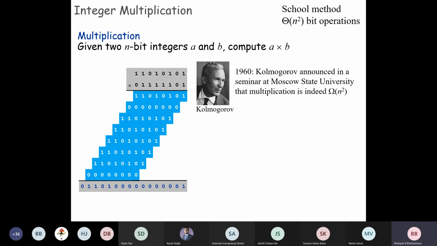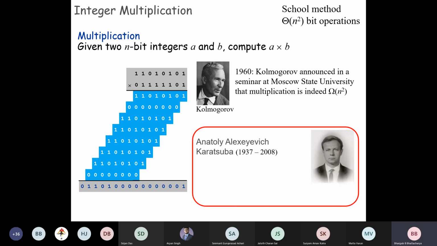Incidentally, there was a student sitting in the audience. He was an undergrad student. His name was Anatoly Karatsuba. At that time he was only 23 years old. Kolmogorov said that multiplication is indeed omega n squared, so this is optimal.